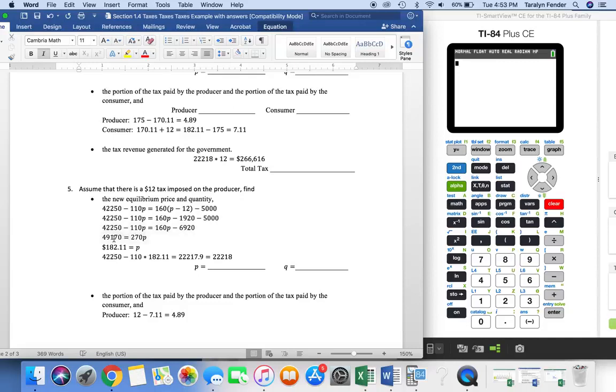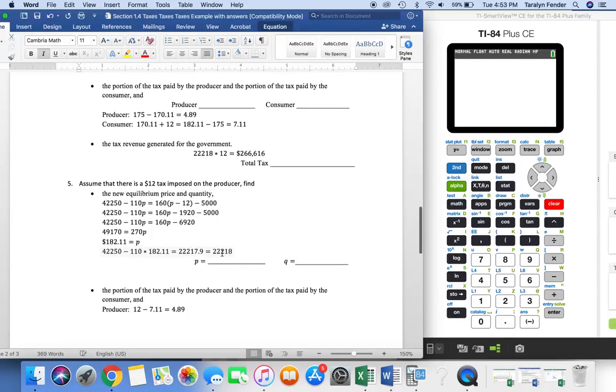So we have the original equation, we put in the $12 because his price is going to be subtracted by $12, and we simplify the equation, solve it, and we have the new price as $182.11. We plug that in to get the quantity at that price, and it is 22,218, which is exactly the same as what we found in number 4.